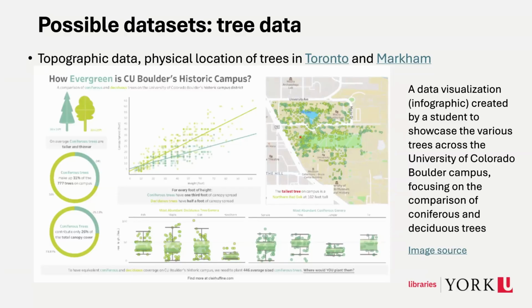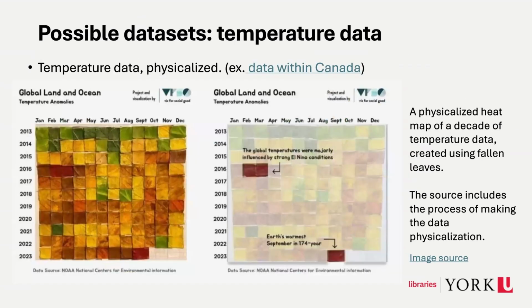So everything in this case, comparing the coniferous and the deciduous trees especially, and the different heights and the different amounts that there are of these two types of trees. So the student used this big data set and focused on a pretty narrow example of comparing deciduous and coniferous trees.